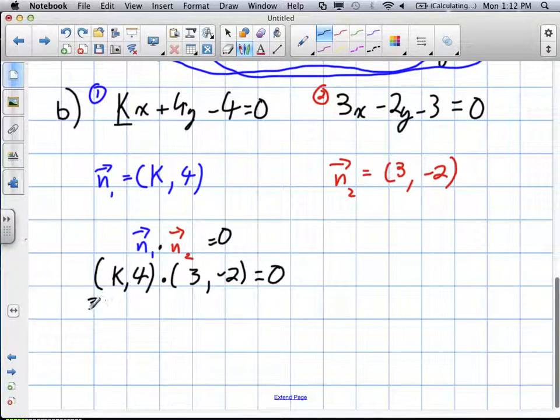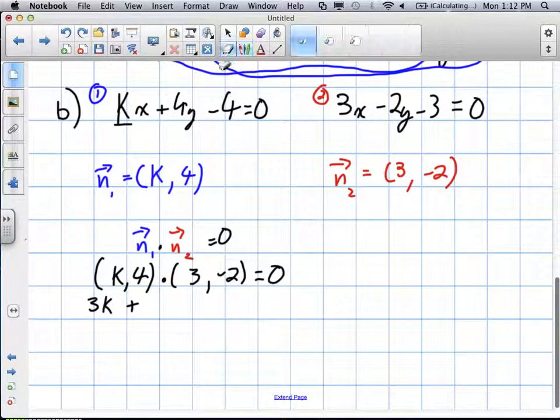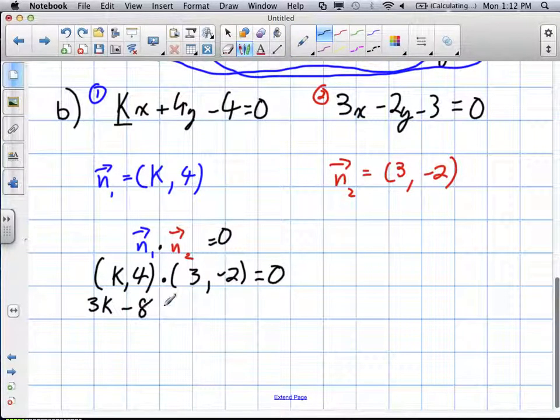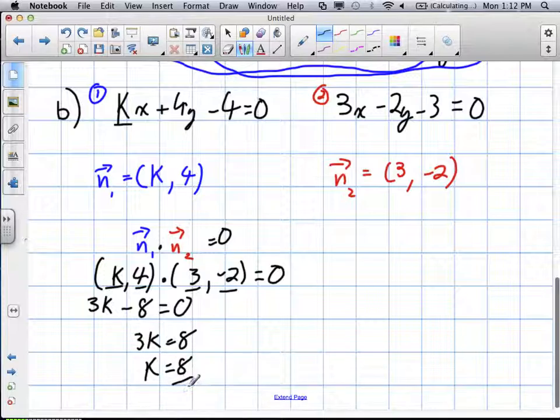That means 3k minus 8 is equal to 0. All we did there is multiply k by 3, and then add it to 4 times negative 2, which gives us 3k equals 8, k equals 8 over 3.